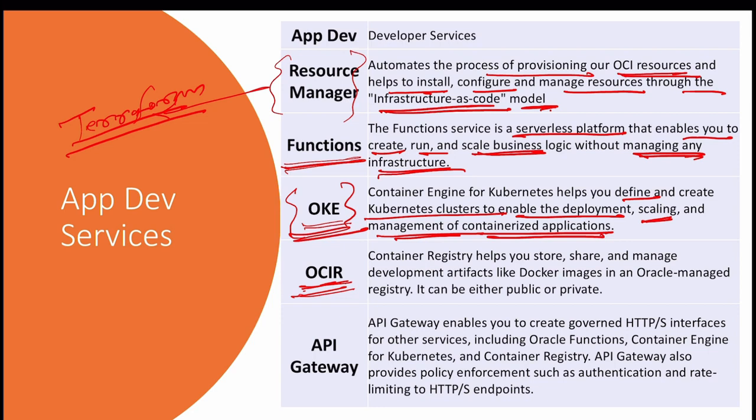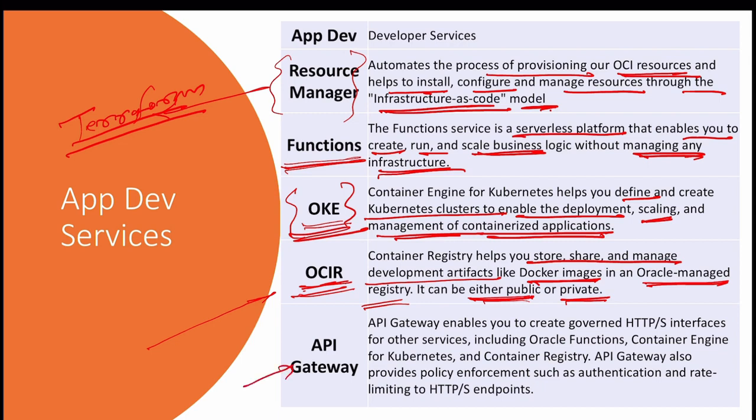So the container registry helps you store, share and manage development artifacts like Docker images in an Oracle managed registry. It can either be public or private, but not both. I got a question related to this one. So just keep in mind, it can be public or private, but not both.